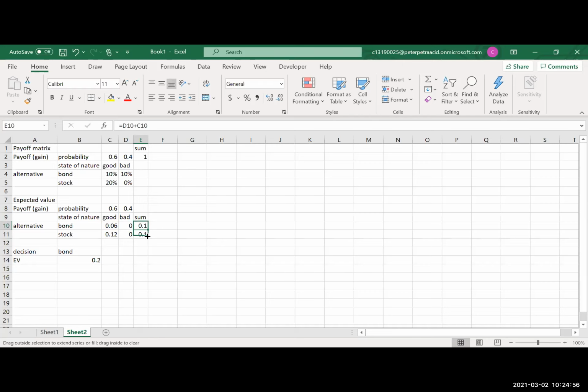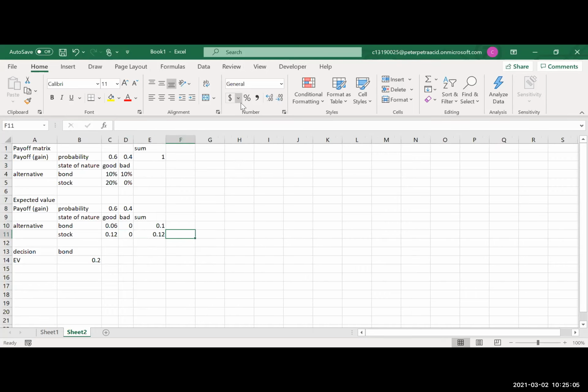I think you need to enlarge column E. Wait. How can 10% times 0.4 result in 0? I'm also wondering why.